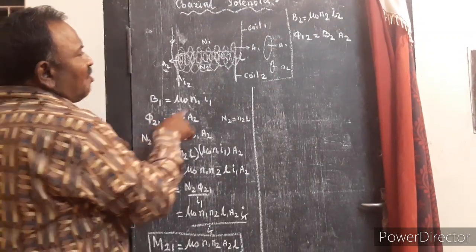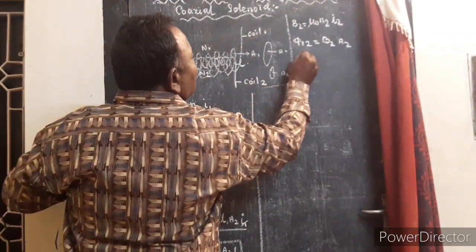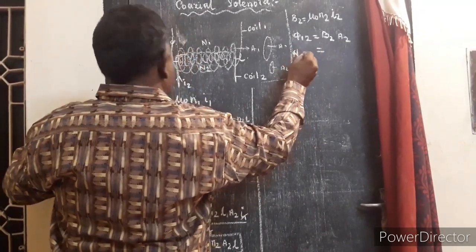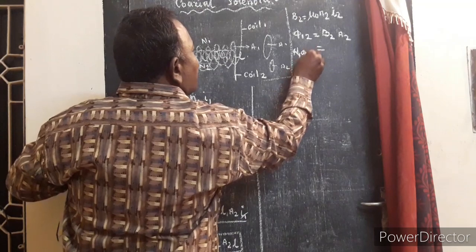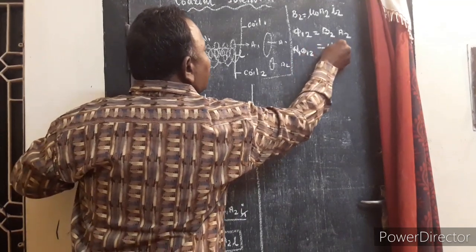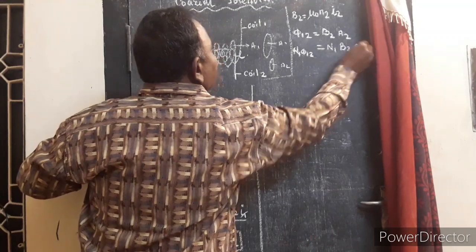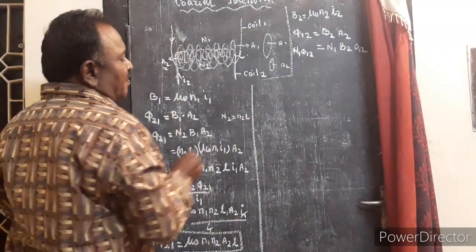So what is the value of B2? N1 phi 12 is equal to N1 into B2 into A2. What is N1?